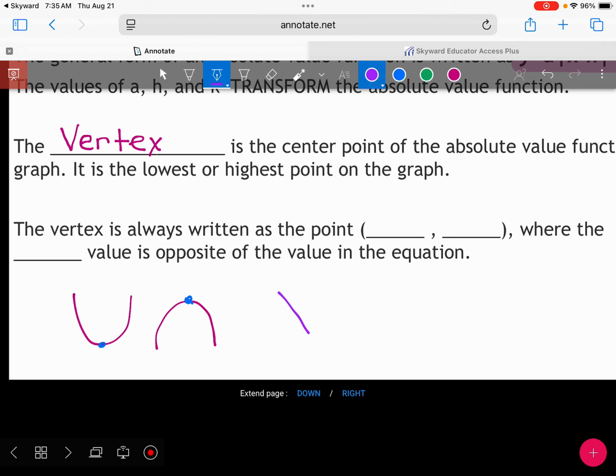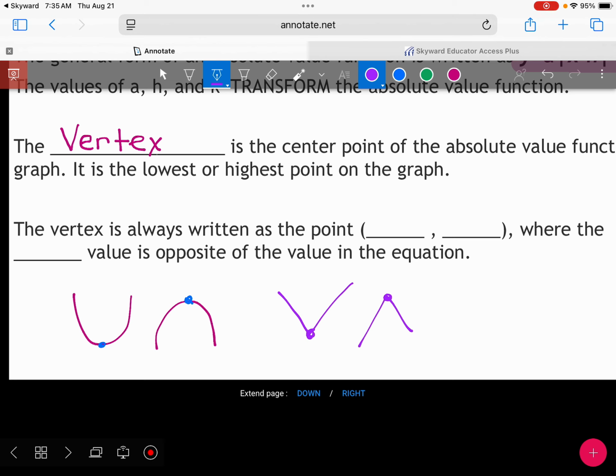If we have these guys, we have a vertex here, or we can go this way and have a vertex here. It's going to be that middle point. It's exactly where, getting back to our symmetry, it would fold to reflect across. Or I could flip it across. And the point where they line up.